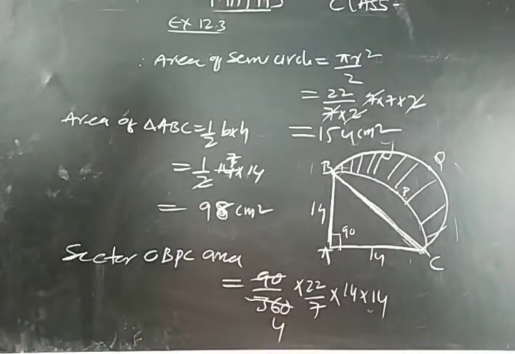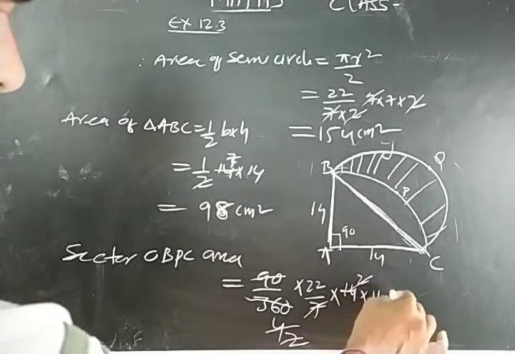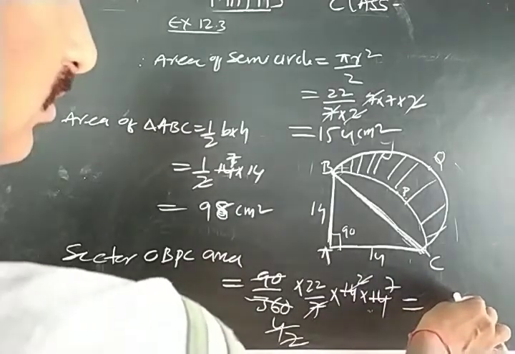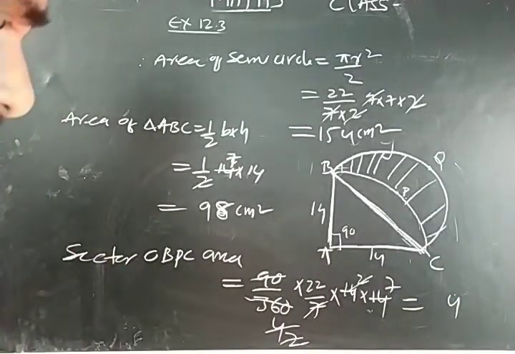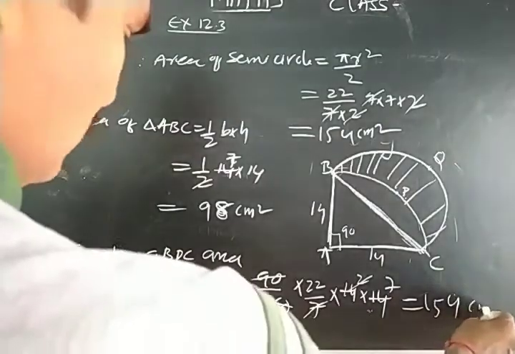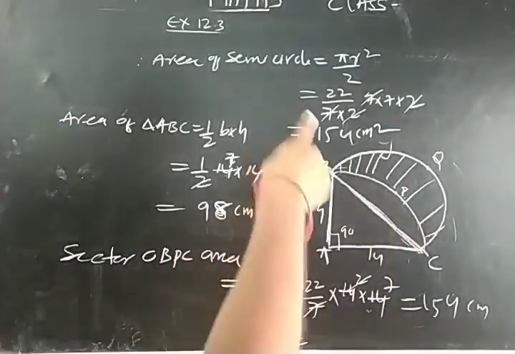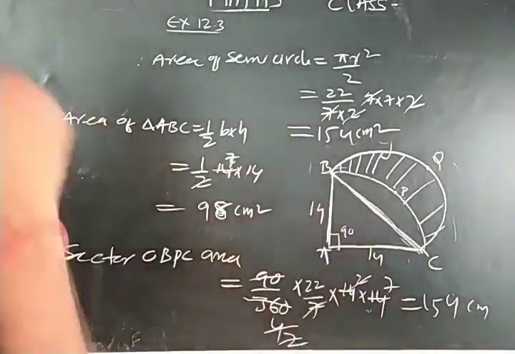Calculating, we get 154. Now I am going to find the shaded region here. So the semicircle is 154 and the sector area is also 154, but the triangle area is 98.